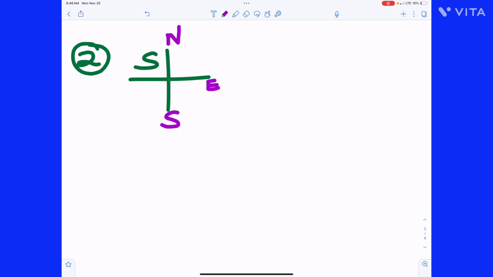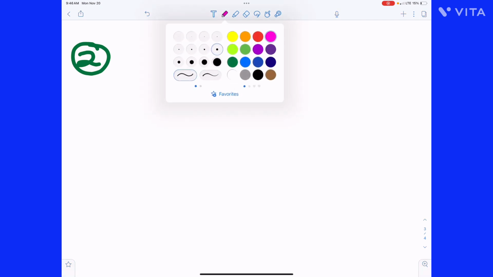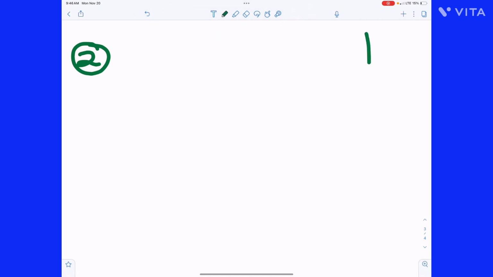You will see he walks due west 4 kilometers. So that means he walked on this axis. So it will not be appropriate to place our starting point here. Let me try and move it to the right, so my diagram will make more sense. East, north, south, west.